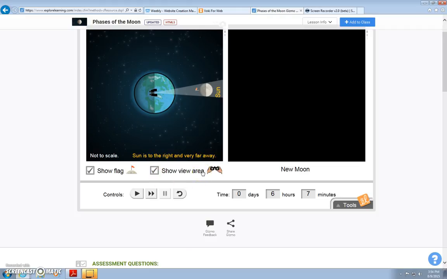And then I would be thinking in my head, okay, so we're going to be looking into how the moon is changing over the course of what this said was 29 days. If I use this tool to see that it orbits around the Earth, then I would say, okay, I'm going to begin with 0 days, and then I'm going to slowly orbit it around the Earth and see what's changing.